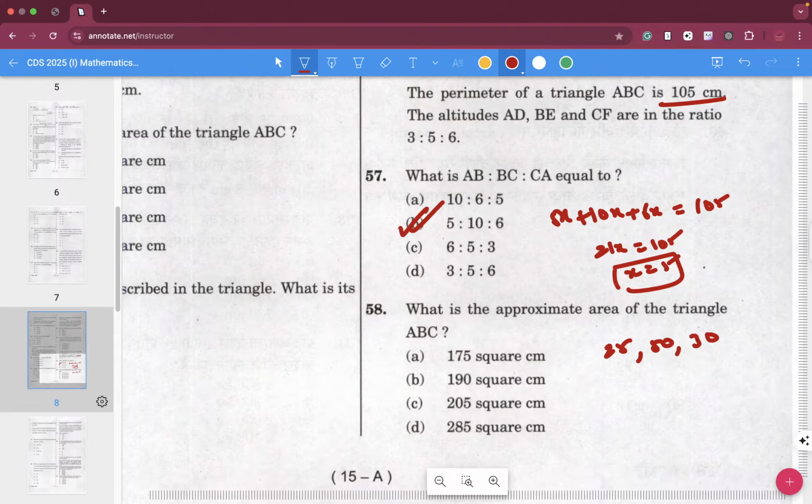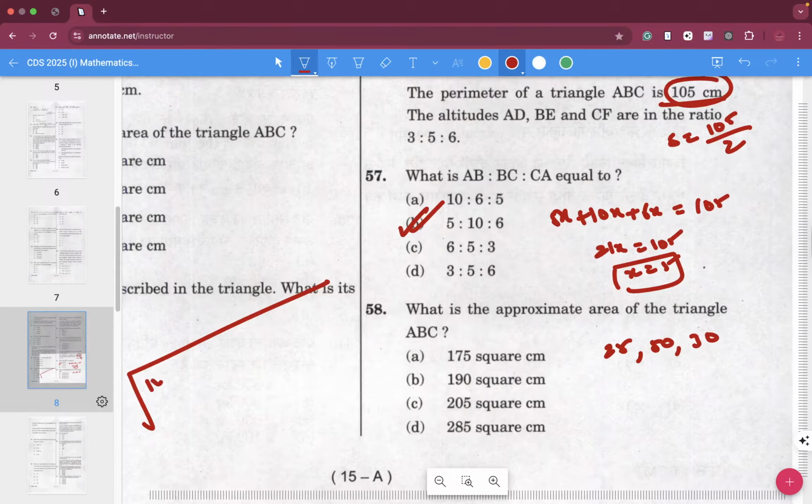These three are your sides. Now we can apply Heron's formula. The area is root under S into S minus a, and so on, where the semi-perimeter S is 105 by 2.